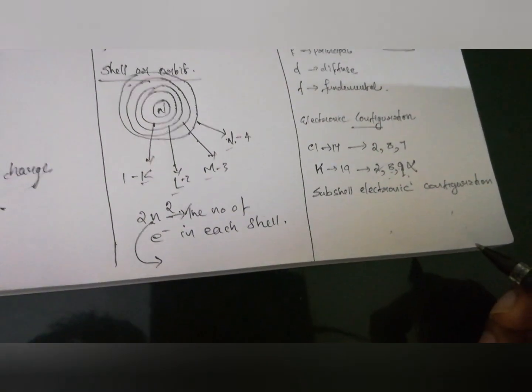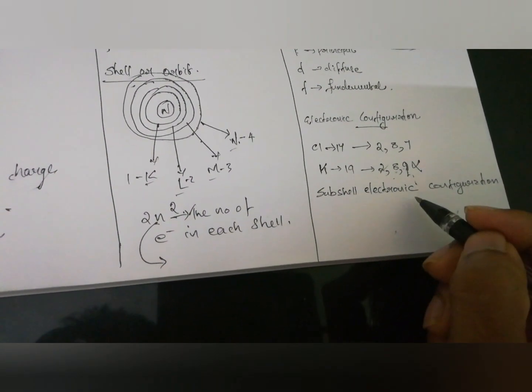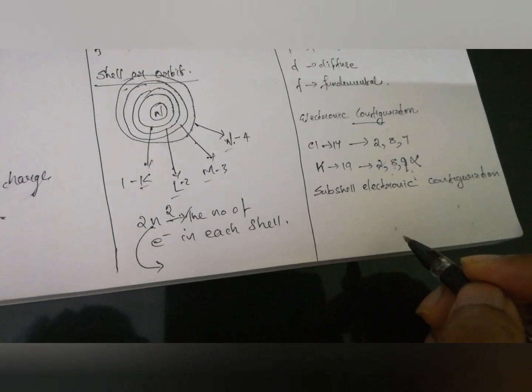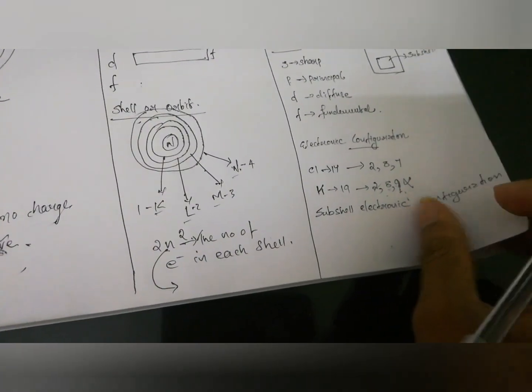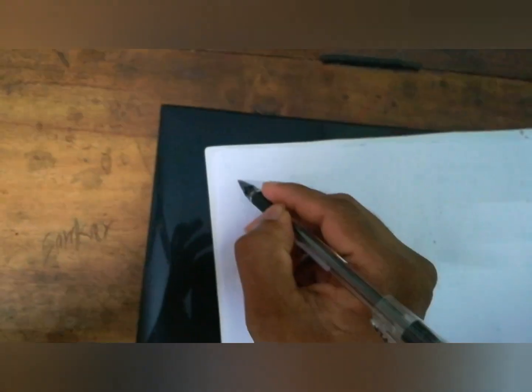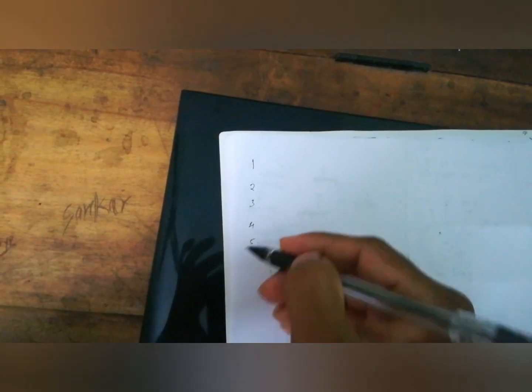Do you know how to write this subshell electronic configuration? You don't know? Then let's see how to do it first. First you write 1, 2, 3, 4, 5, 6.